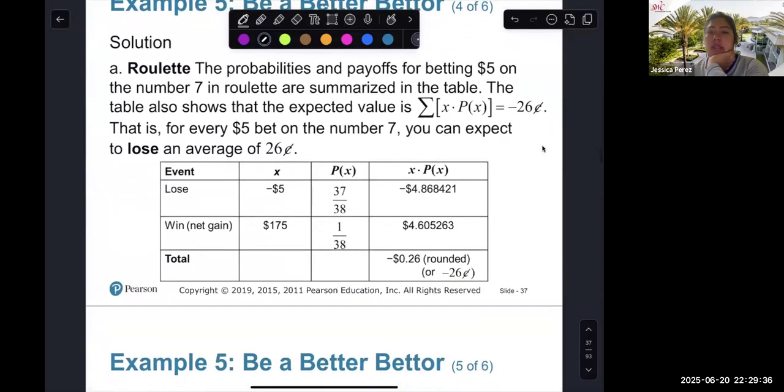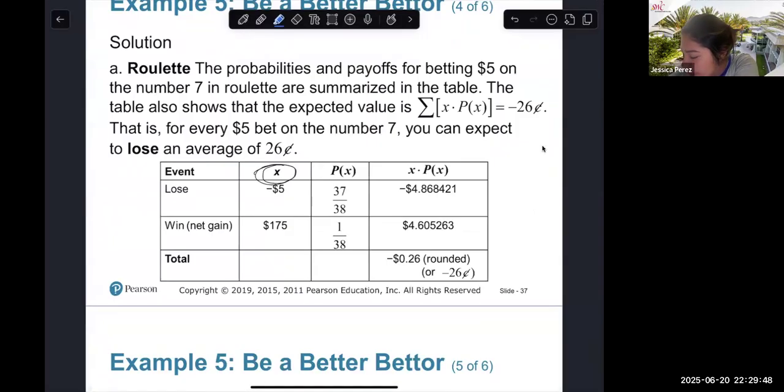So then what you have is the roulette, the probability and the payoffs. Here you start with X, P of X, and X times P of X. We're going to be separating them by losing, winning, and your total. So the probability on the payouts of betting $5 on number 7 is what we're looking for. That is, for every $5 you bet on a 7, you can expect to lose an average of 26 cents.